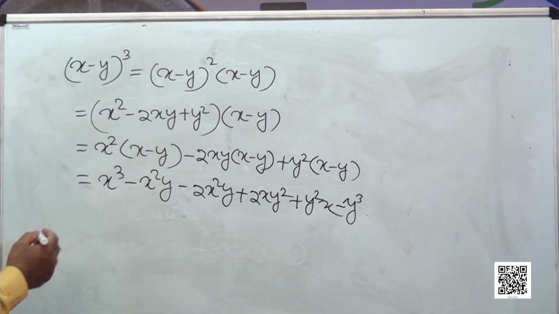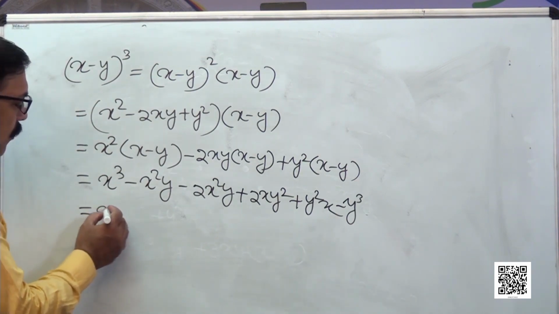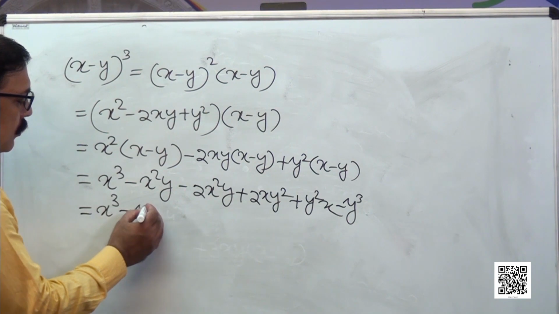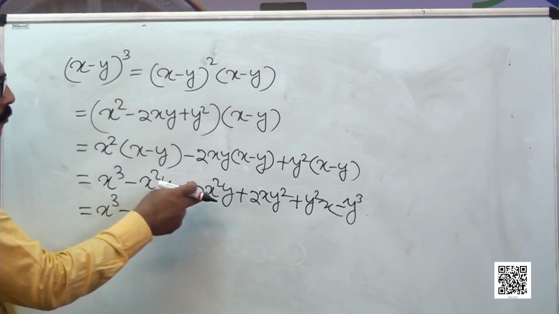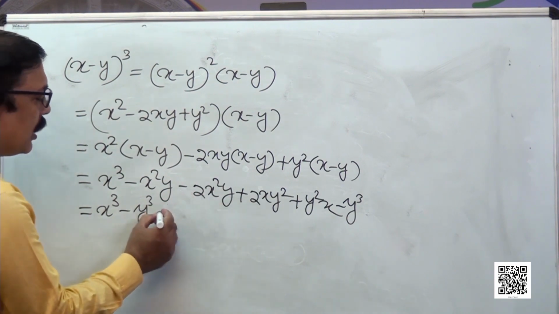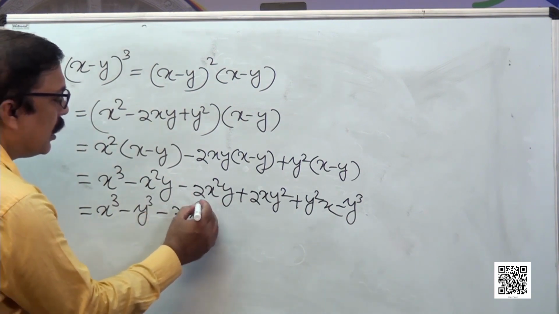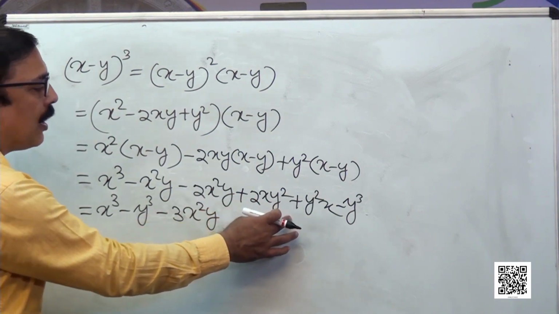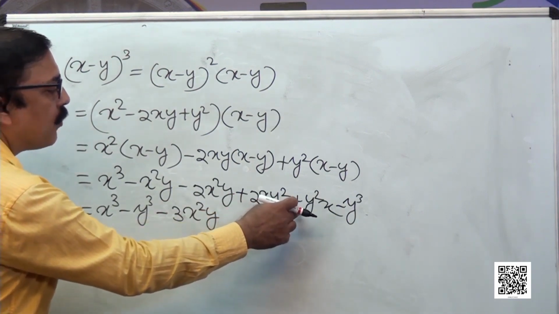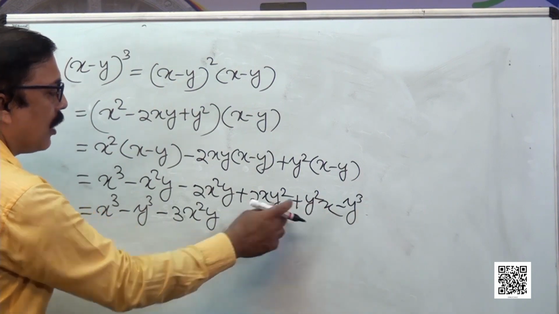Now let's rearrange it. We have x cube minus y cube, then minus x square y minus 2x square y gives minus 3x square y, then plus 2xy square, and here it is plus xy square.